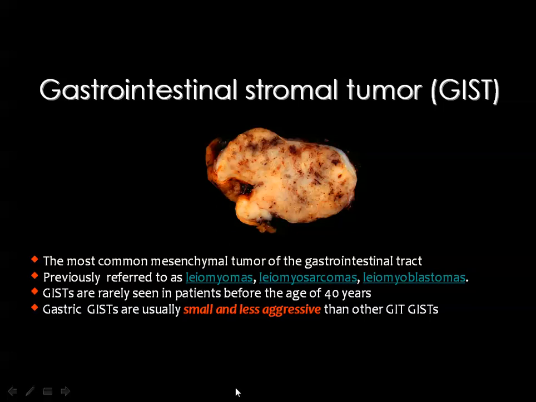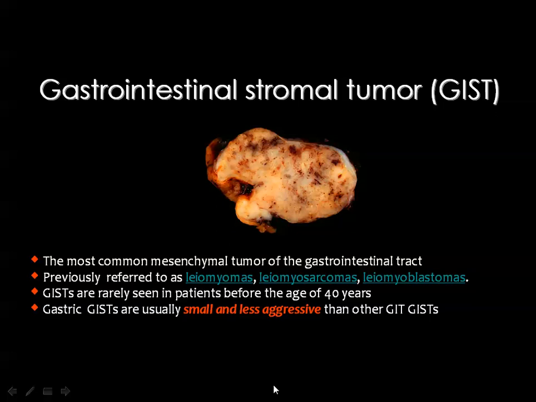Then you come to the gastric tumors, which are the gastrointestinal stromal tumors, GISTs. These tumors were previously known as leiomyomas, leiomyosarcoma or leiomyoblastoma, but the literature has agreed on this name, which refers to a mesenchymal tumor of gastrointestinal tract origin.